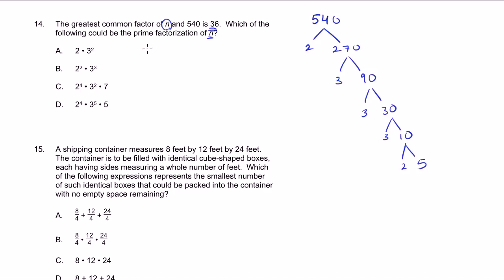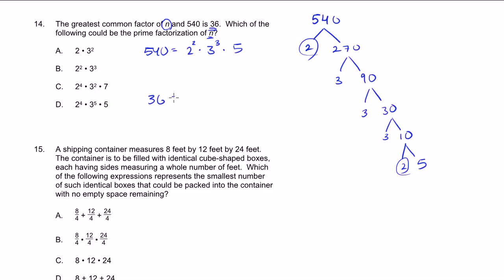So the prime factorization of 540 is, there are two 2's here, so 2 squared times 3 to the third times 5. That's 540's prime factorization. Now, the greatest common factor of n and 540 is 36.